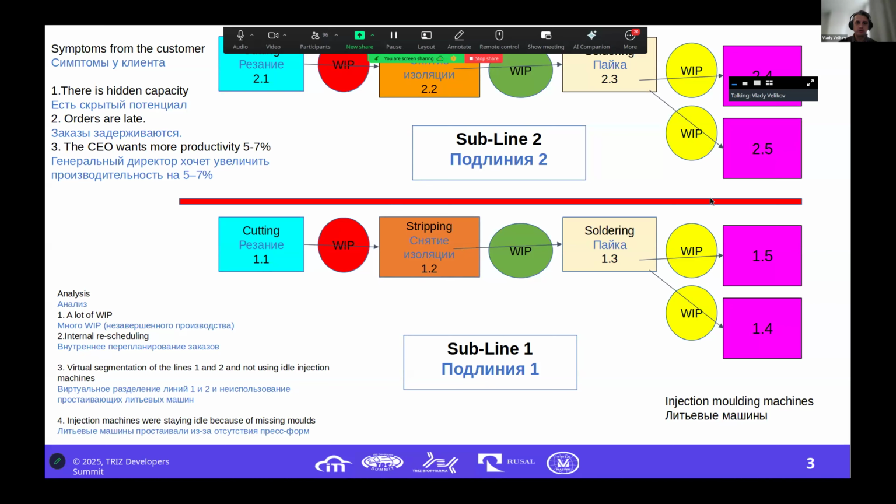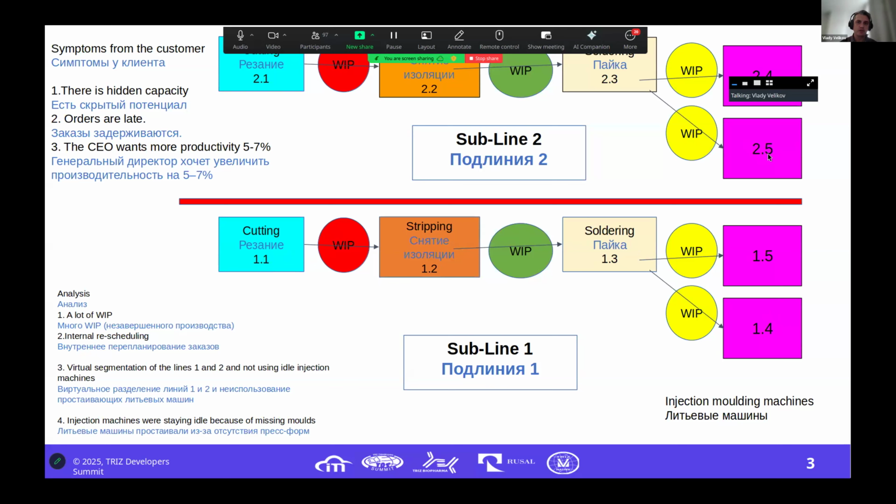They said, imagine that you have a red line, and what you are cutting in machine number 1.1 has to be produced in stripping 1.2, after that soldering 1.3, and in molding machines 1.5 and 1.4. You do not have the possibility to take cables from cutting machine 1 and to go to injection 2.5.